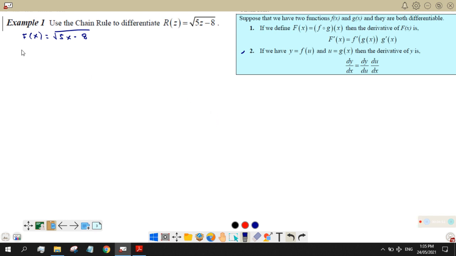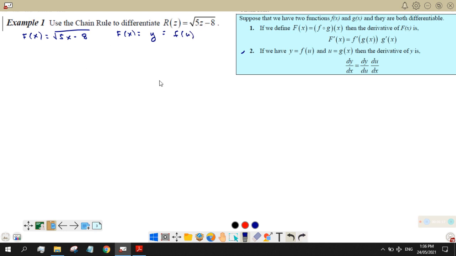Okay? So, since generally, we know that f of x is equal to y, right? So, from your advanced algebra. And y is equal to f of u. I-define natin yung dalawang function natin. Unahin muna natin pala yung inner function.